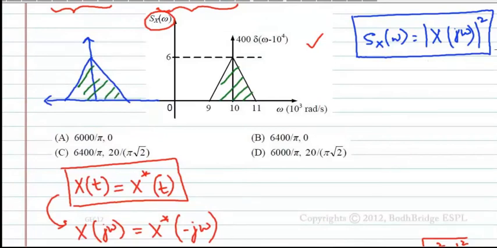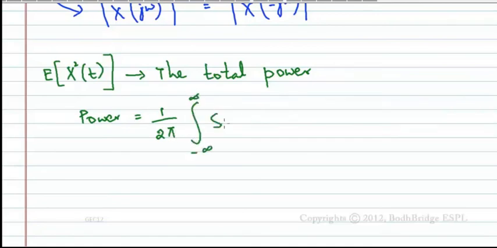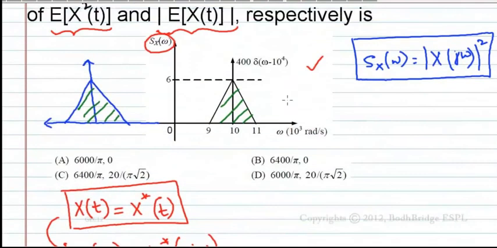Therefore, power is equal to 1 by 2 pi integral from minus infinity to infinity Sx of omega d omega. Integration is nothing but area.